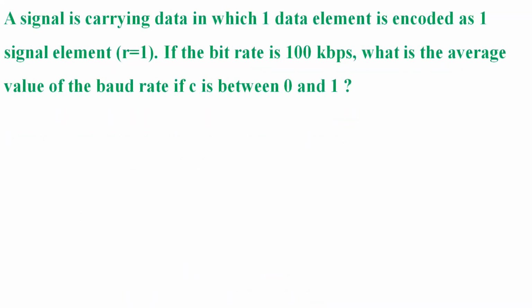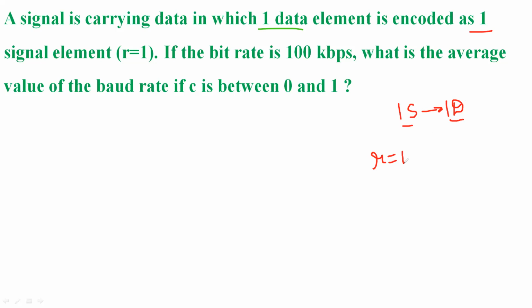Here we have a problem. The problem statement is: a signal is carrying data in which one data element is encoded as one signal element. So one signal element is carrying one data element, and the ratio R is 1.